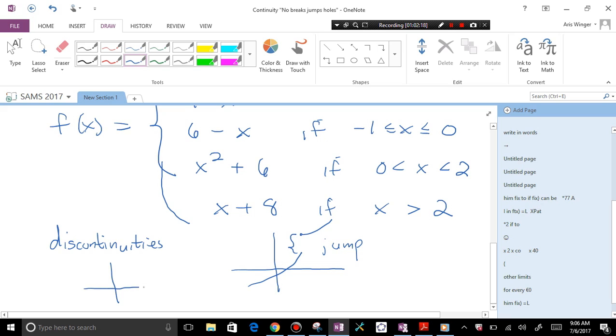You can fix this one. Currently there's a discontinuity, and you can remove the discontinuity by filling it in. So the street version is that holes are removable discontinuities, and when you see a jump, when the limit from the left is not equal to the limit from the right, then it's called a jump discontinuity.